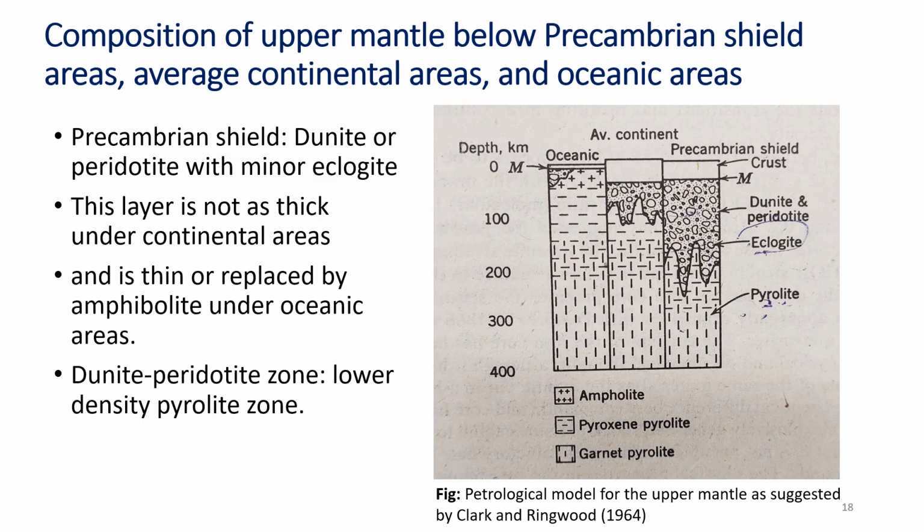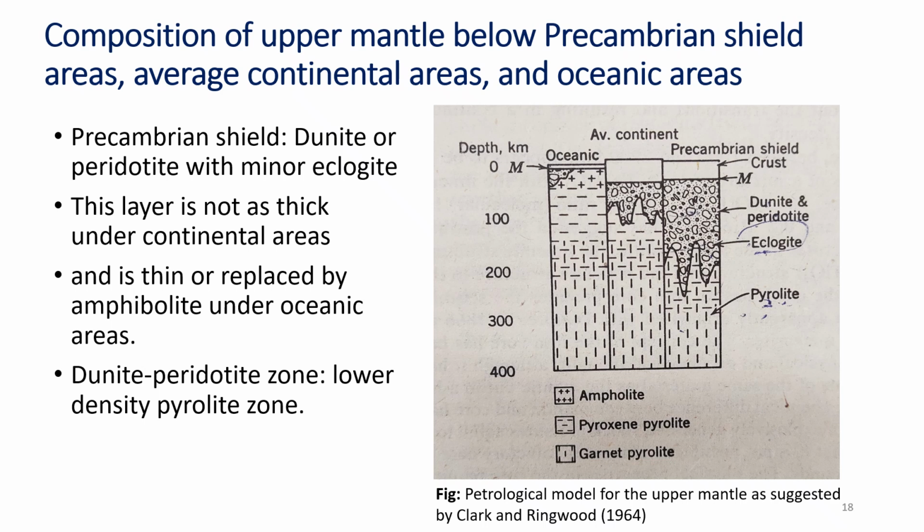Geotherms in the upper mantle differ considerably below the continents and oceans, and there are regional differences in the mineralogical composition of the pyrolite. The inferred composition of the upper mantle below Precambrian shield areas, average continental areas and oceanic areas is illustrated in this figure. It shows that under the Precambrian shields, the mantle consists to a considerable depth of dunite or peridotite with minor segregations of eclogite.